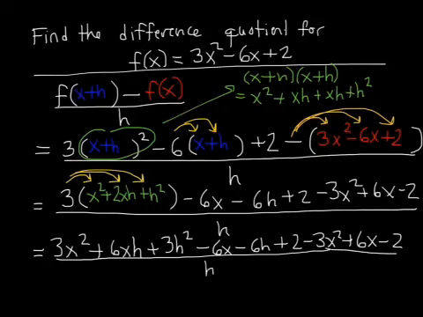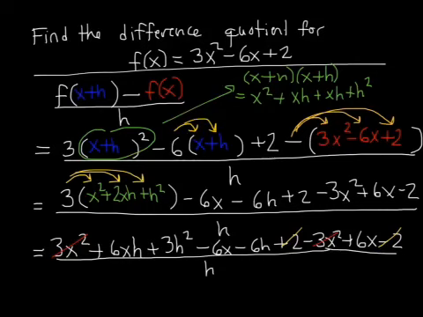And we're going to notice some nice stuff happens up here. For instance, your x squared terms, 3x squared minus 3x squared, well, when you subtract those, they cancel to 0. You're going to have something similar happening with your 2's. 2 minus 2 is also 0, so those guys are going to cancel each other out. And I have one more cancellation that occurs up there.